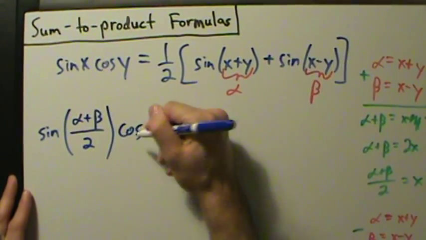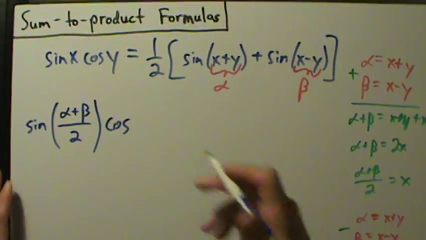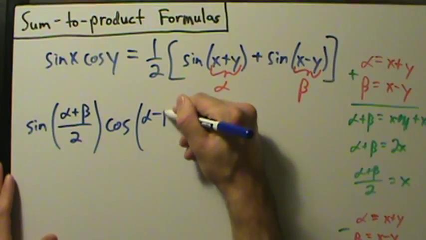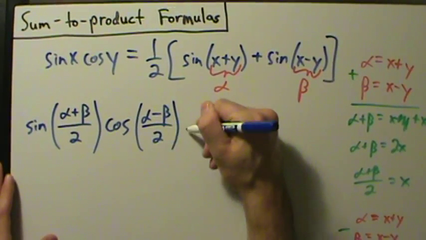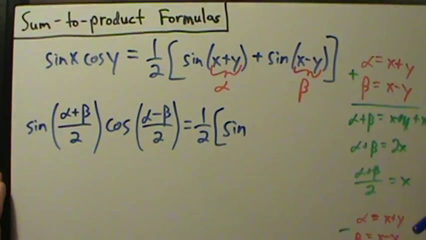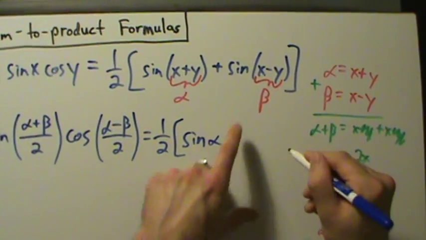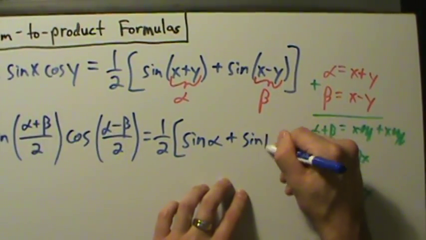And then y is alpha minus beta over 2. Okay, and then that equals 1/2 times sine of, remember x plus y, that is just alpha, that's how we defined alpha to be. And then x minus y is beta, that's just how we define it to be.